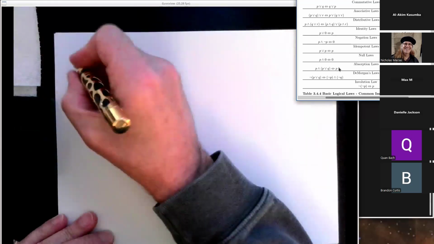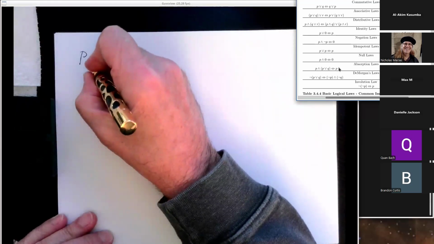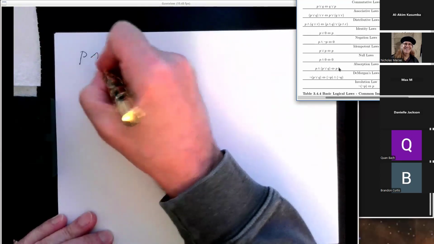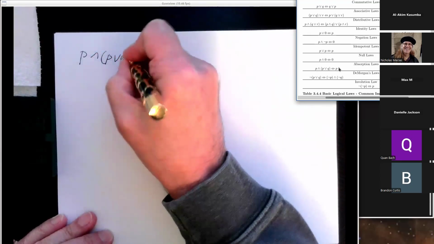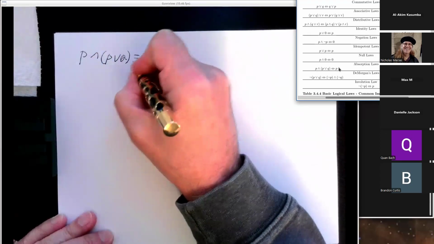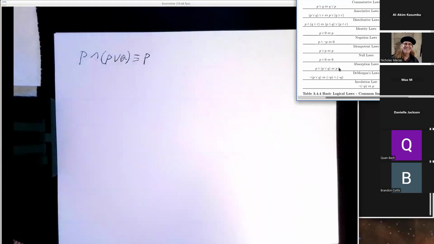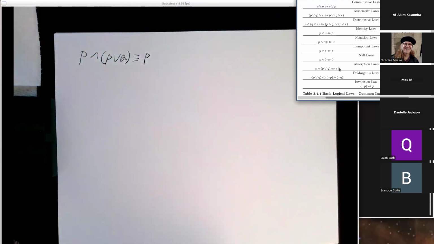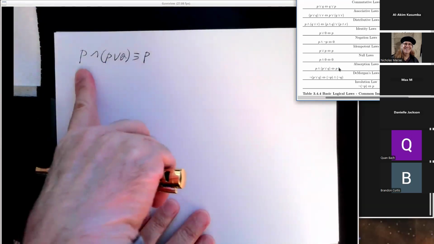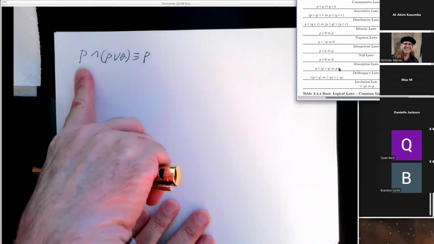So we have a law which says P or (P and Q) is logically equivalent to P. So P and Q are just placeholders. They're propositional variables. They could represent any proposition. But when we see the letter P, we think that's the proposition P.